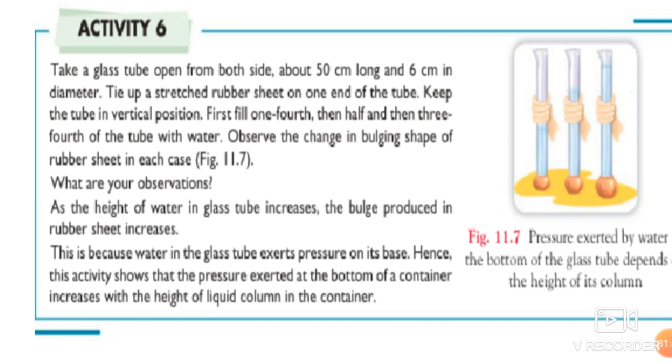As the height of the water in the glass tube increases, the bulge produced in the rubber sheet also increases. Meaning as the amount of water becomes larger, the pressure exerted by the water also increases. This is because water in the glass tube exerts pressure on its base, so the rubber sheet bulges more.